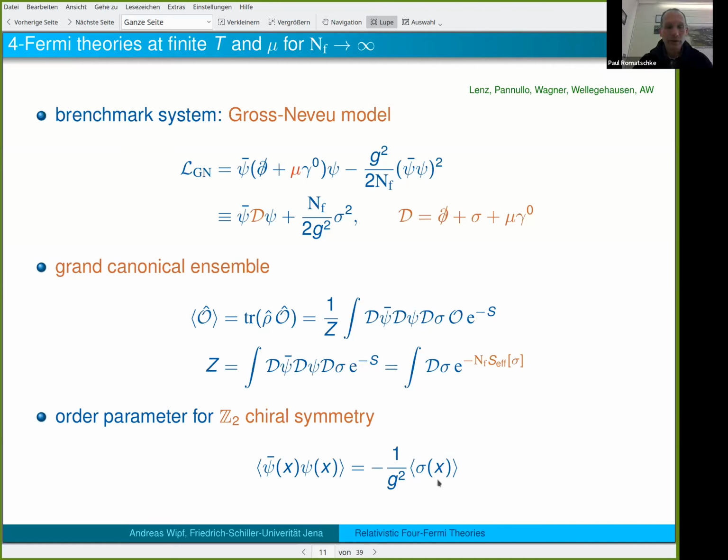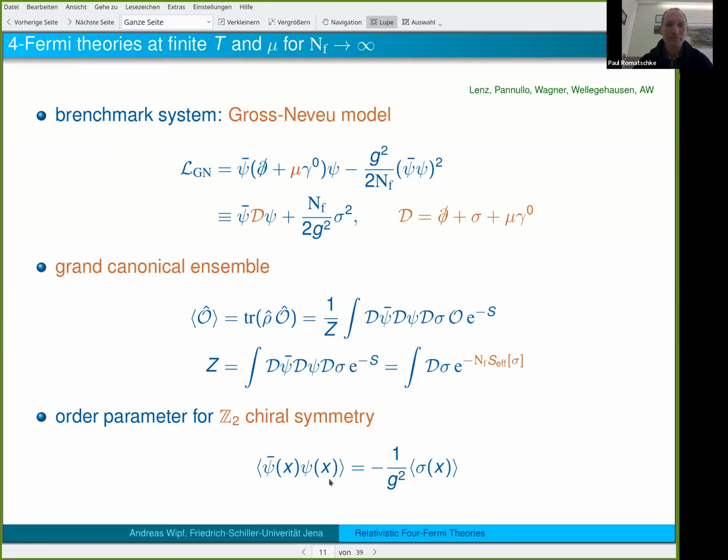Yeah, psi bar x, psi x, a condensate at a given point x. Okay, so usually when you have a quadratic action, that means that only the difference between the arguments appears on the right-hand side, right? Yeah, but again, on the left-hand side, it's really the same point x and x, and this is just an identity. If it were x and y on the left-hand side, then it would depend on the difference, I guess. Yes, you're right. But I want to calculate the condensate at the moment. Look at the condensate, okay. Right? Yeah. Okay.